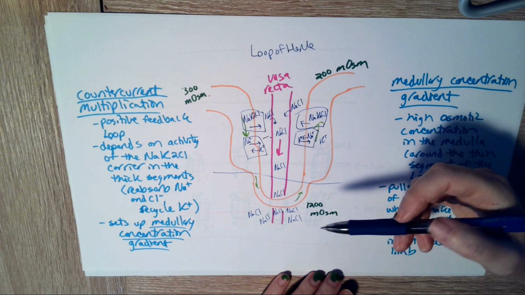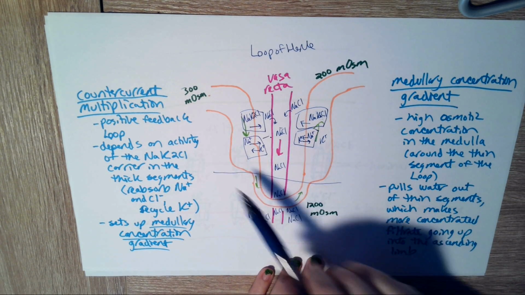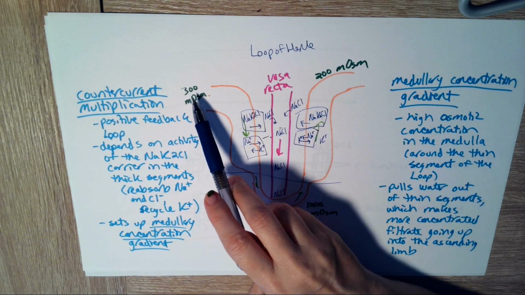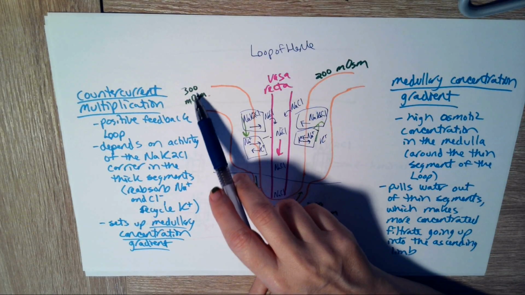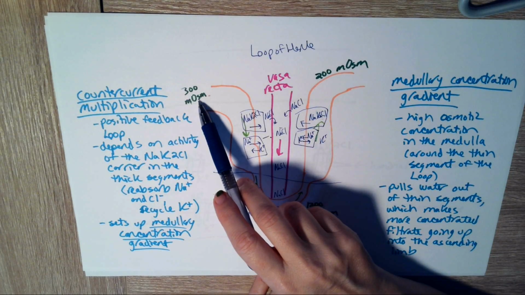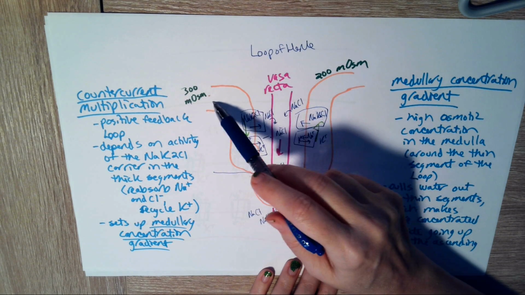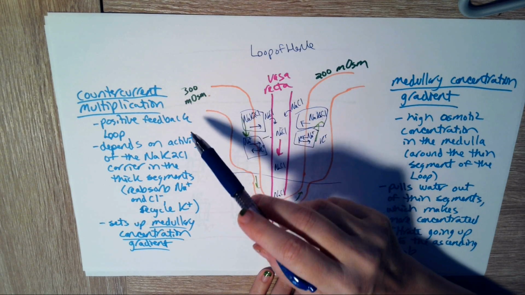To give you an idea of how salty that is, down here in the medulla, this number up here, there's the ant again. This number here, 300 milliosmoles, is the osmotic pressure, or the osmotic force, of the filtrate and the peritubular fluid up here in the proximal convoluted tubule.